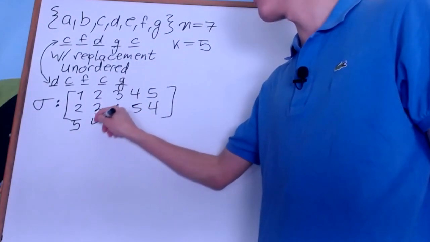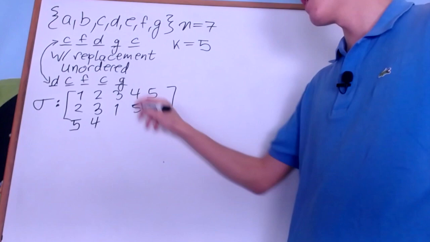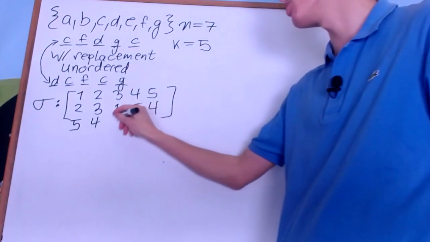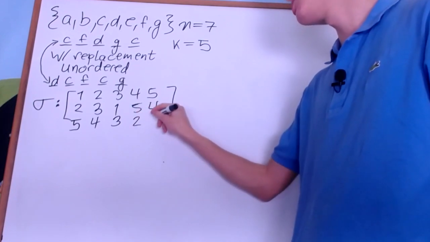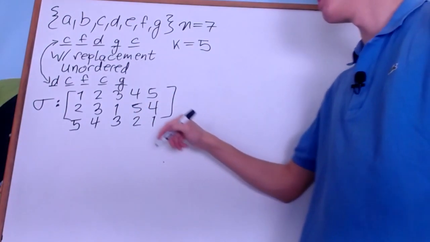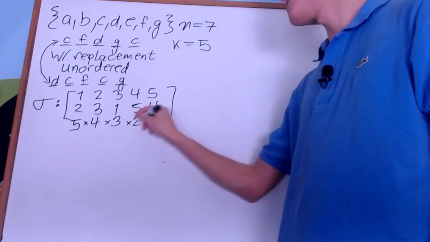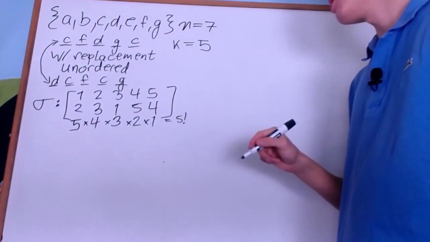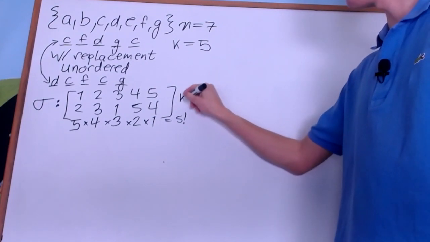So we actually only have 4 symbols available for 2. And then this 3 can't go to the same one as 2 or 1. And so we only have 3 symbols available, 2 symbols available for 4, 1 symbol available for 5. You multiply all those together, and you get 5 factorial. But in general, it'll just be k factorial.